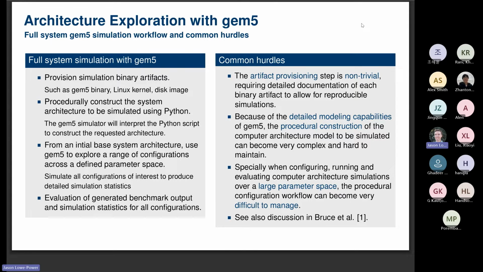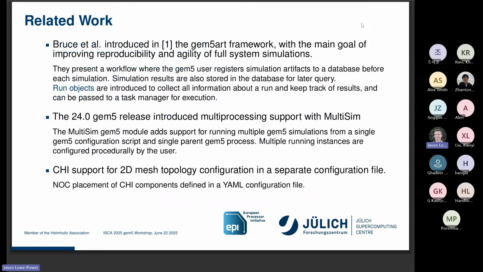Of course, these kinds of issues are not new, and have already been identified by the Gem5 community. Here are 3 examples I take, which are related to our work, but this is by no means exhaustive. For example, Bruce and collaborators introduced the Gem5 framework to manage the complexity of having reproducible full system simulations.